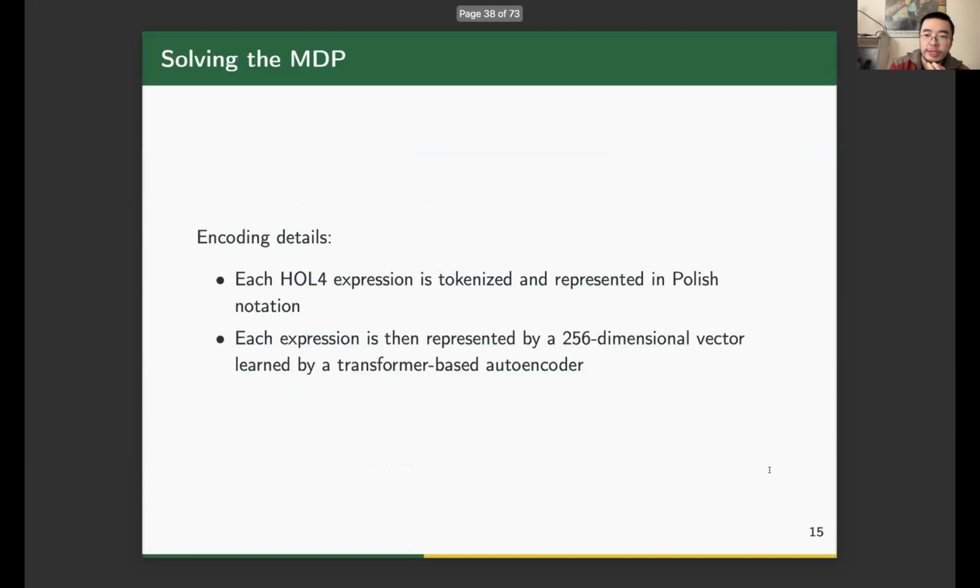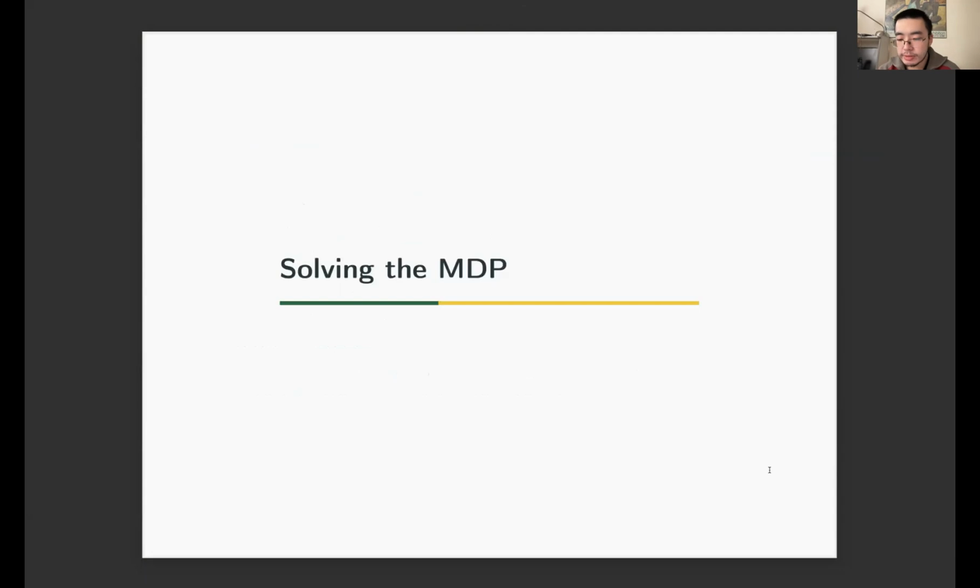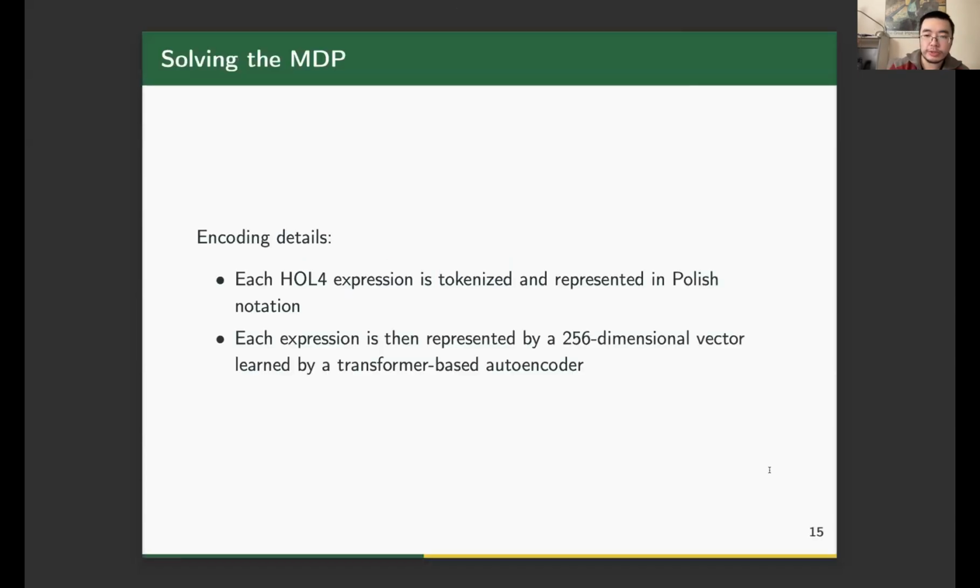So solving the MDP is going to be a bit more technical, but what you just need to know is that once you've defined the Markov decision process, there is a learning algorithm in reinforcement learning that can solve this MDP. Let me quickly go through this. We will have an encoding. The expressions, your goals, your tactics are really just strings, right? A machine learning algorithm doesn't really work with plain strings.